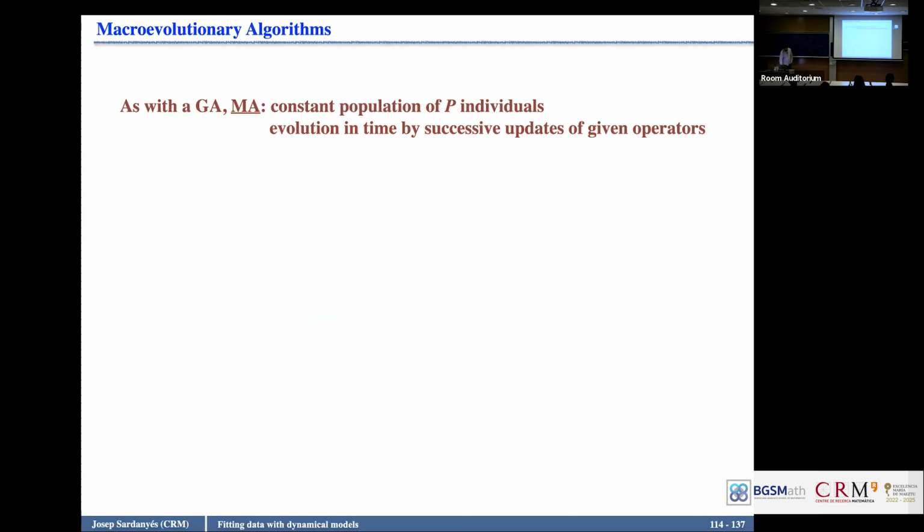As with genetic algorithms, in the macroevolutionary algorithm we start with a population of N individuals. And also, evolution in time is by successive steps of given operators, and we iterate this system.